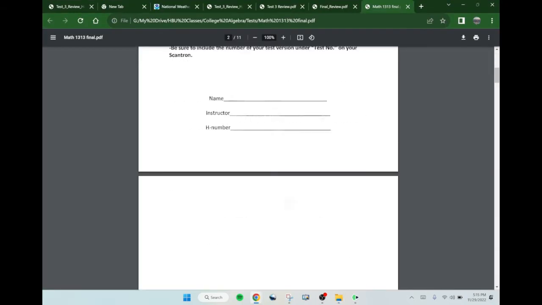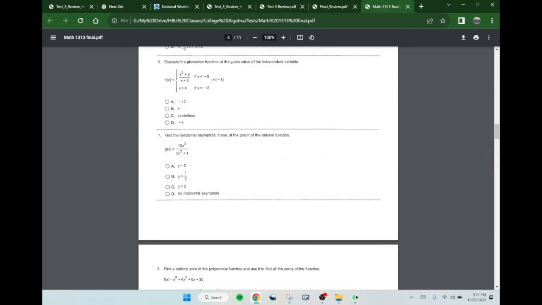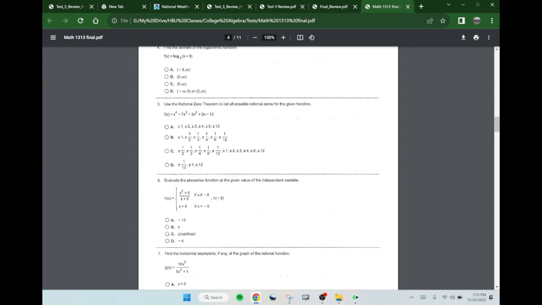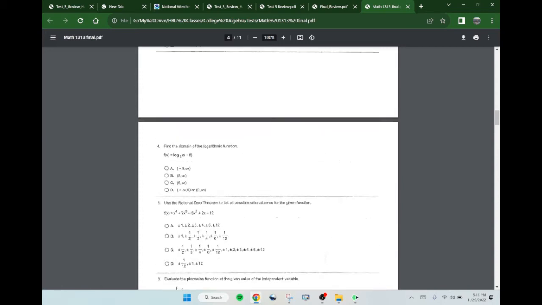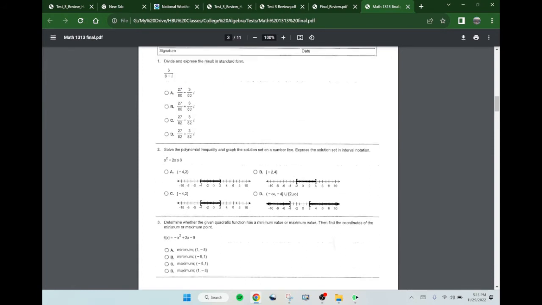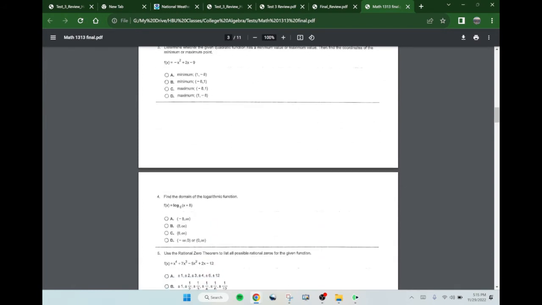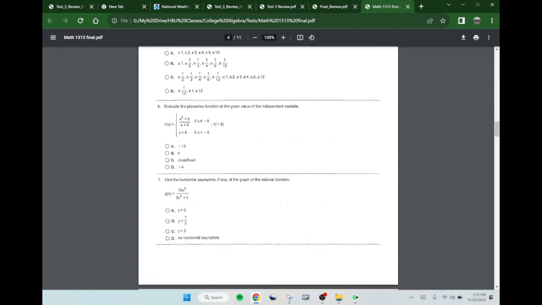No, it's even easier than that. So, use the rational zero theorem to list all possible rational zeros. That is one. Where it says list all possible rational zeros, that's the thing we did where you just boxed the thing. So I might have gone farther than what the question's asking you for in the review. The question asked you for that first box, but it's still good to know the rest.